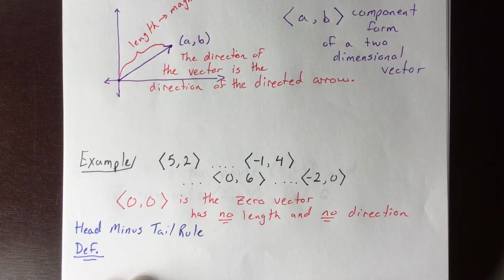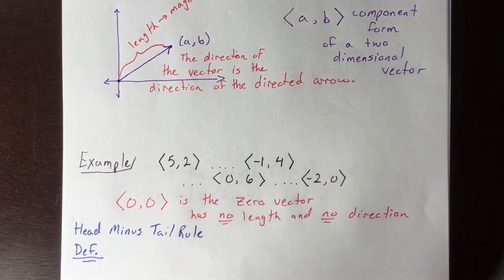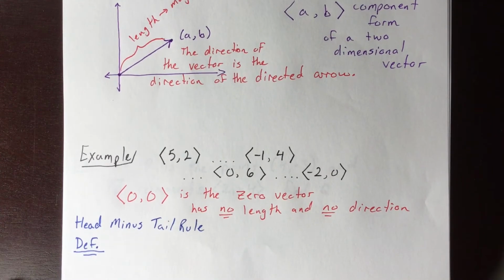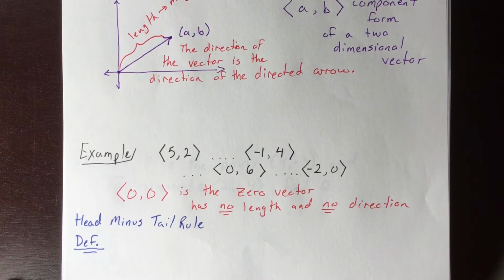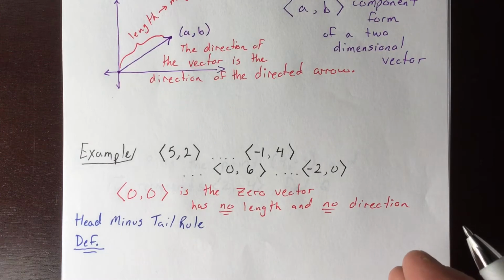All right? So, dealing with some definitions, we have a couple definitions in this lesson. The head minus tail rule. This is more of how do we find the component form if we're given the ends of the directed arrow.